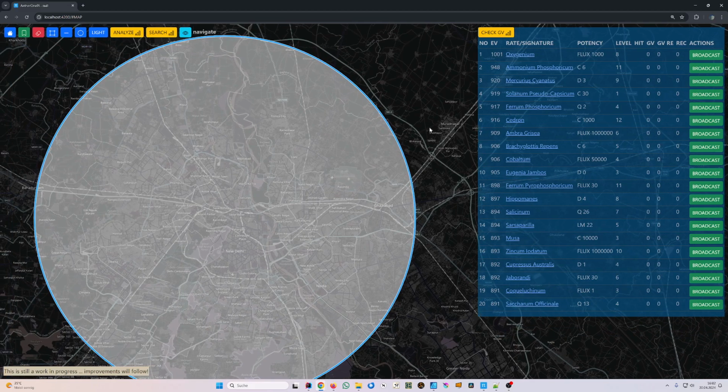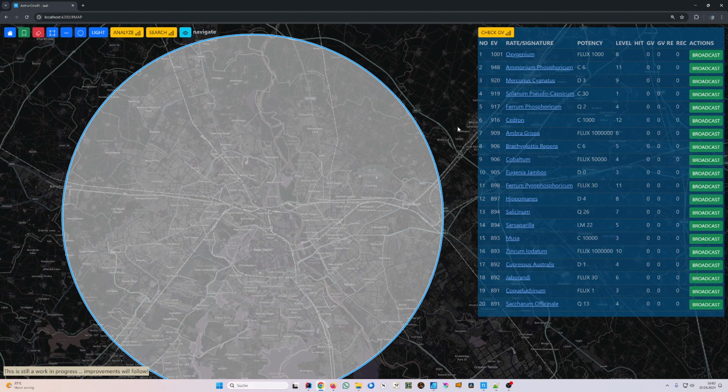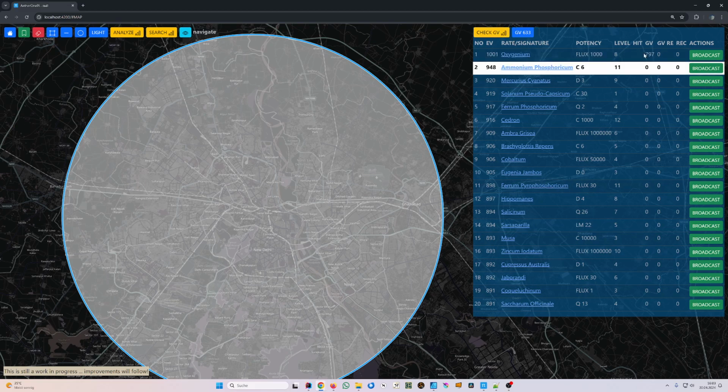Okay, here you have almost the same as what you have in the AetherOnePi. You can check the general vitality. So if you click the first time, you will see the general vitality of the entire place, which is 633. And now if you continue to click this button, you will see each rate is assigned a number, the general vitality of the rate.